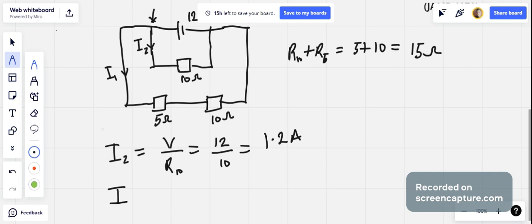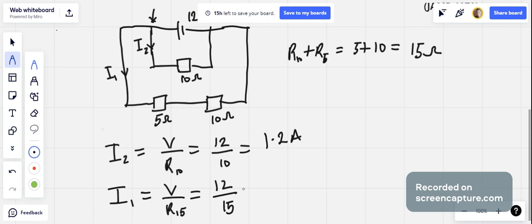So I1 now will be V. You share the same terminal voltage since it is in parallel with this other branch. That will be V over the equivalent here, R15, which will be 12 divided by 15.